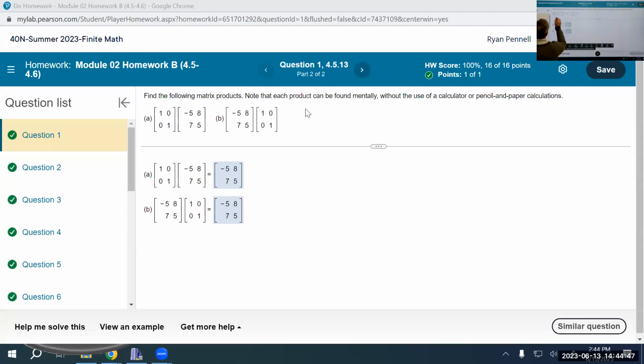So what I want to call your attention to is this diagonal of 1s and everything else is a 0. This is called the identity matrix. And the identity matrix works just like the number 1 in regular real numbers.